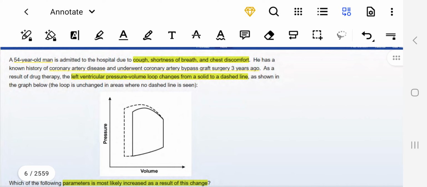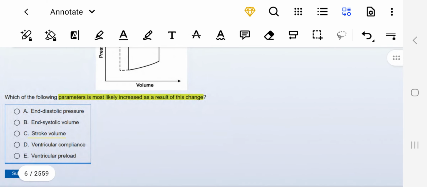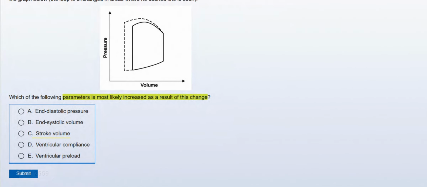As a result of drug therapy, the left ventricular pressure volume loop changes from a solid to a dashed line, as shown in the graph below. The loop is unchanged in the areas where no dashed line is seen. Which of the following parameters is most likely increased as a result of this change? Read this question, then give the answer.